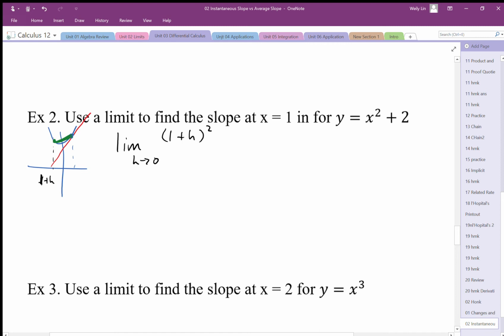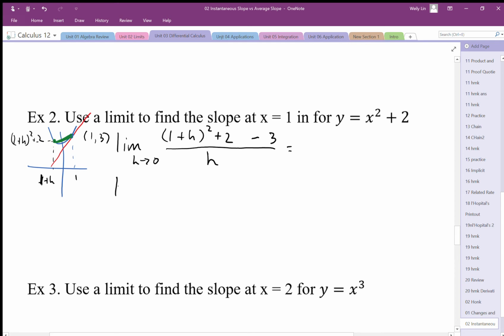The height of that point is (1 plus h) squared plus 2, so I have my plus 2 in here. Minus the point when I put x in here: y is going to be 3 at that coordinate, so that point is (1, 3). There's my rise, the difference from the 3. And the run is going to be h, the distance between those 2 points.